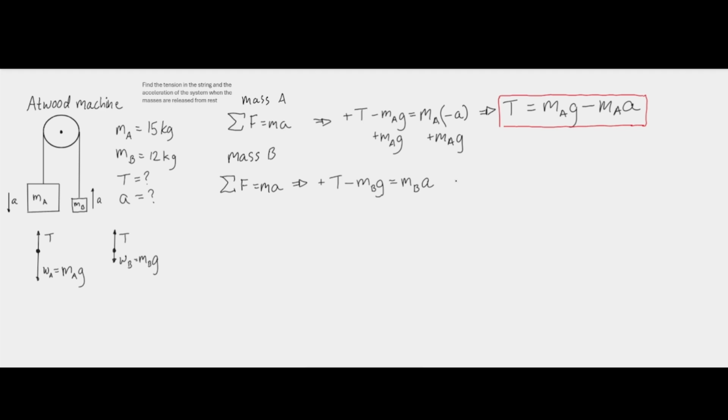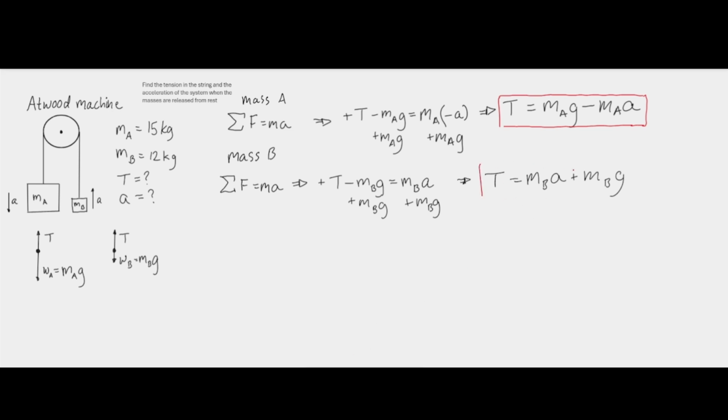And now I once again can solve for T because they're both going to have T as a common force. So I'm going to add m sub B times g to both sides. And I have T is equal to m sub B times a plus m sub B times g.